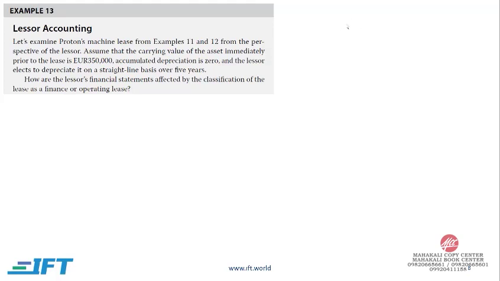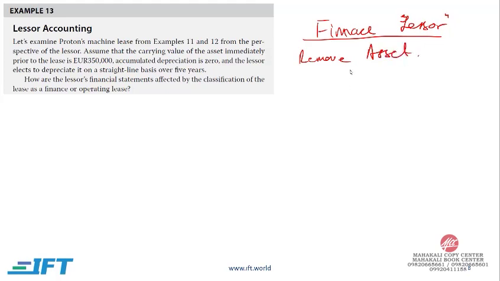If it is a finance lease, then from the lessor's perspective we remove the asset from the lessor's balance sheet, because now the asset is transferred to the lessee's balance sheet, and we add lease receivables.